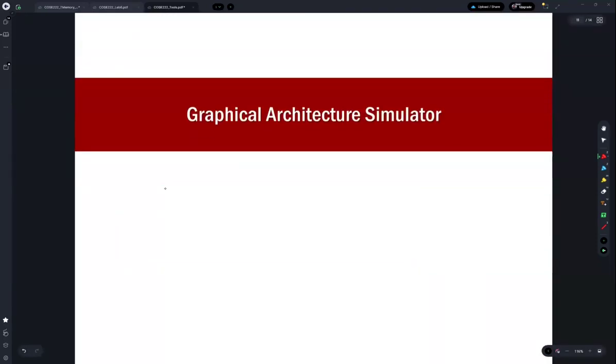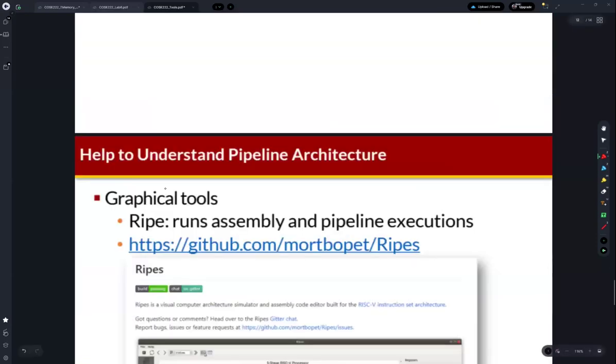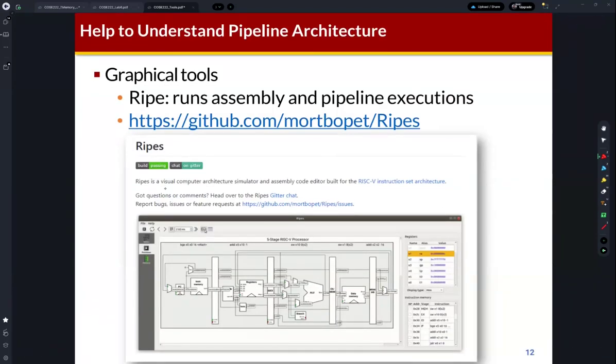Also RISC-V has a graphical architecture simulator, right? It's RIPES, okay. You can download RIPES from GitHub.